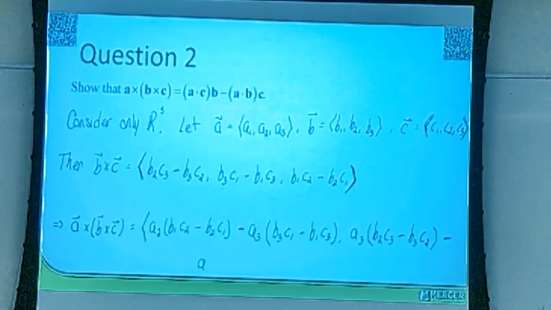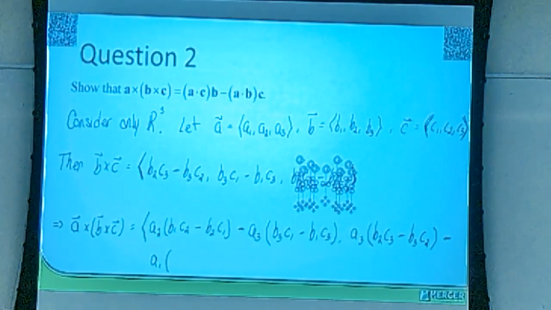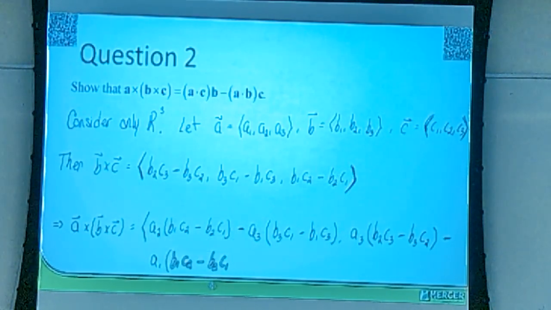Minus A1 times that third component. Right?